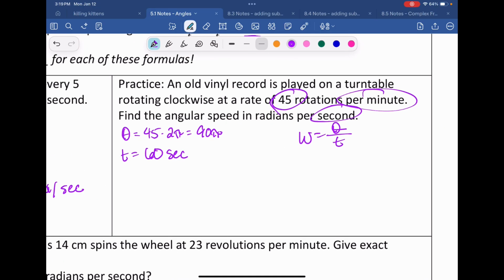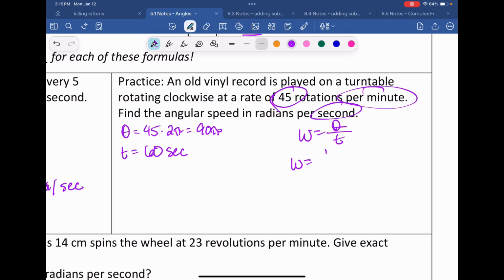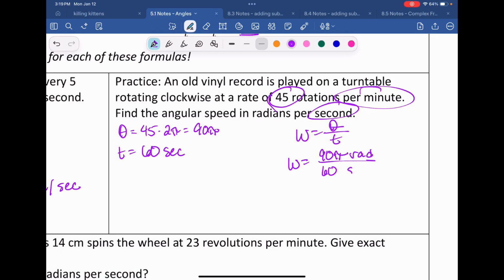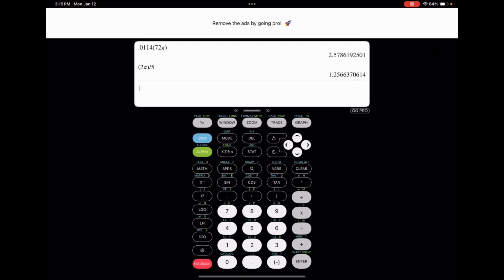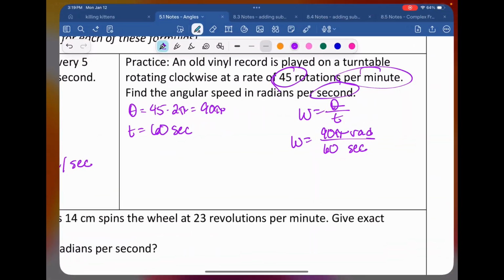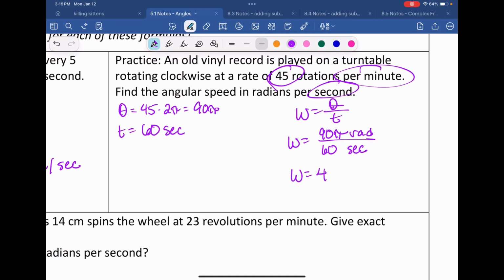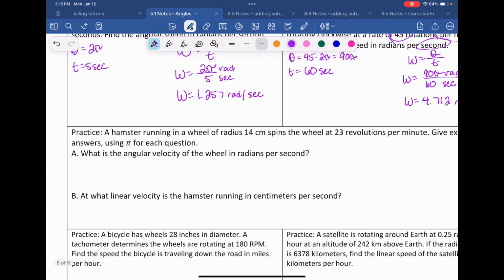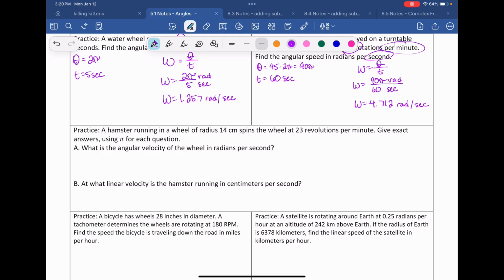So omega equals 90 pi radians over 60 seconds. 90 pi in parentheses divided by 60 seconds, 4.712 radians per second.